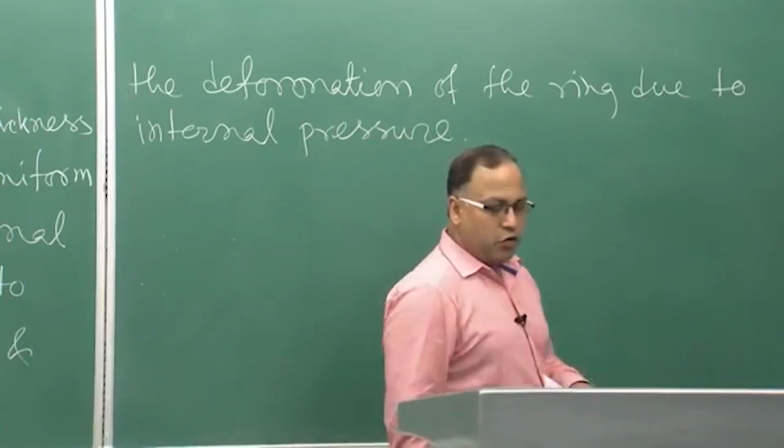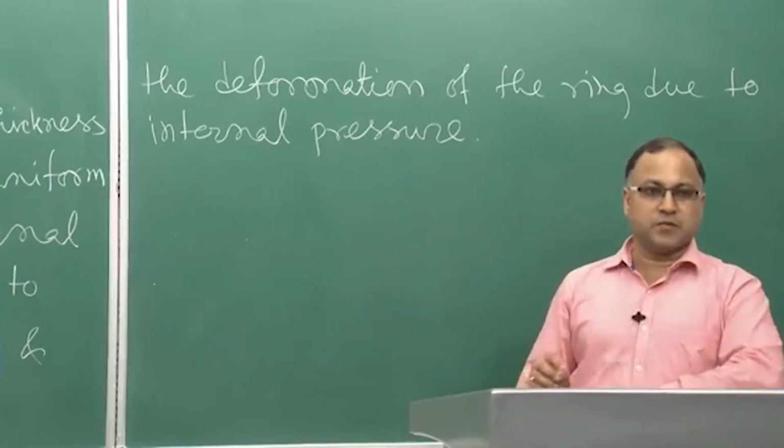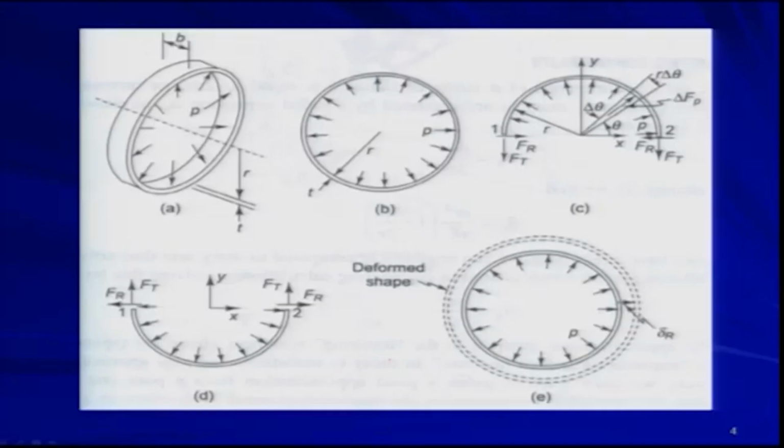Okay. So, if you come back to this figure, that figure shows the problem that we will talk about. So, this is a thin ring of internal radius r, and thickness t, and width b.